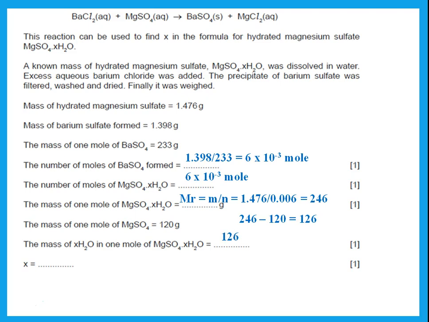That means X times the molecular mass of water is 126. The molecular mass of water is 18. 18X is 126, and I need to solve for X. So X will be 126 divided by 18, and that is 7. And that means the formula is MgSO4·7H2O.